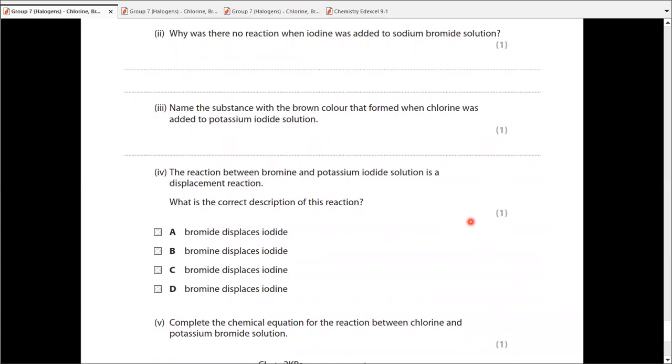Brown color when chlorine was added to... For this answer, I specifically went back into the book and I explained this answer by properly pointing out in the book why the color is brown, or what is the substance that causes the entire color to be brown. Let me see. So it is chlorine and potassium iodide.